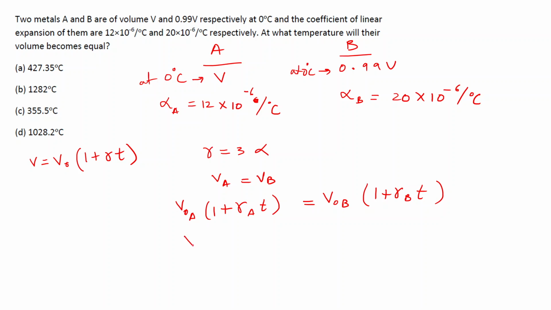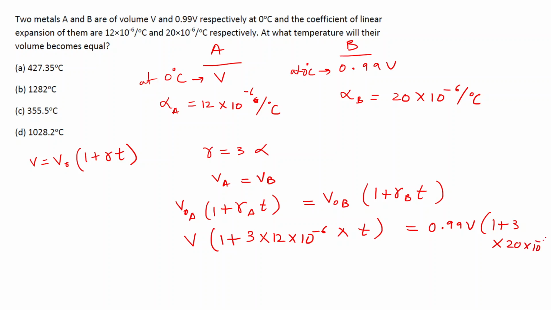It is V. 1 plus, and this gamma is 3 times alpha A. Alpha A is 12 times 10 to the power minus 6, and we need to find out the T actually. V naught B is 0.99 V. 1 plus gamma B will be 3 times 20 times 10 to the power minus 6 times T, which we need to find out.